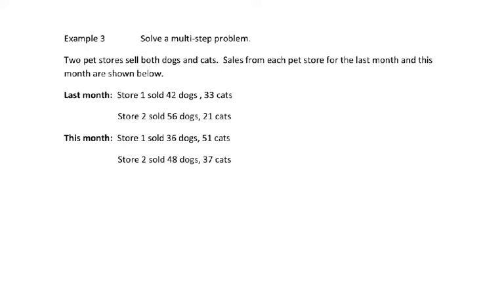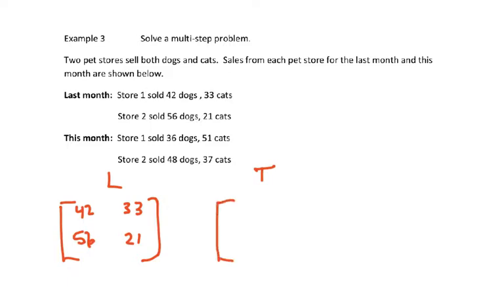We've got a last month matrix. Let's call that matrix L. And it had 42 dogs, 33 cats, 56 dogs, 21 cats. And we have a this month matrix, which is 36 dogs, 51 cats, 48 dogs, 37 cats.